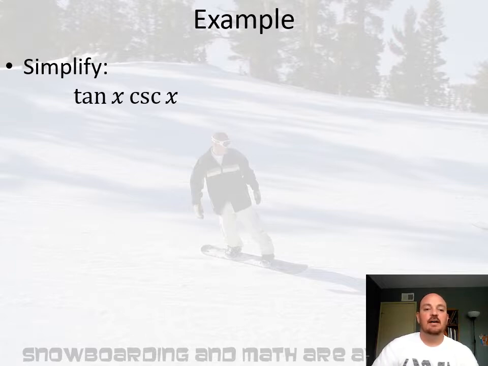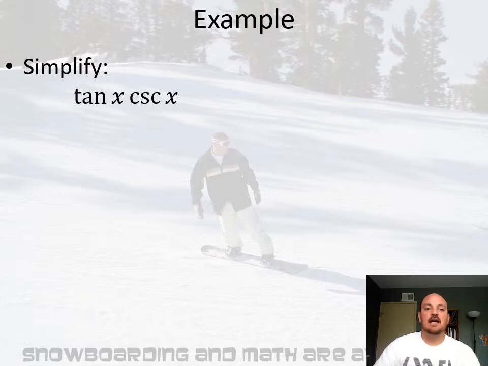We want to simplify tangent x times cosecant x. And when I first look at this question, I think, okay, there's not much of a relationship between those two functions. But one thing you want to remember, you can always change trig functions all into sines and cosines. Every tangent and cotangent can be written using your quotient identities, and every secant and cosecant can be rewritten using your reciprocal identities.